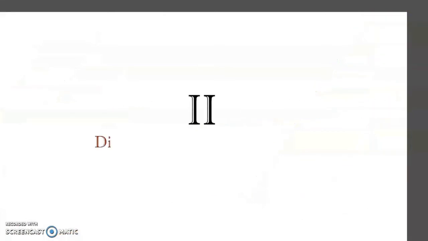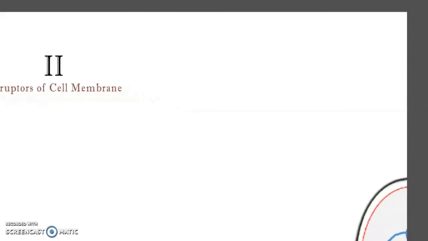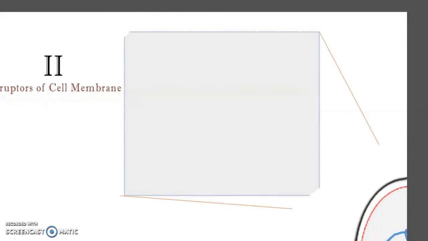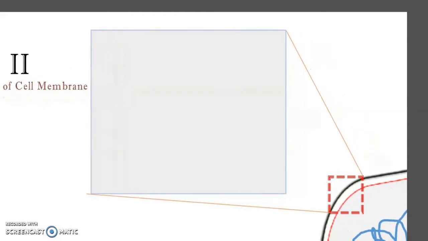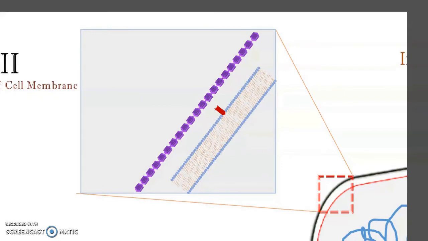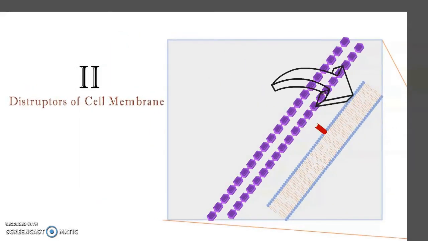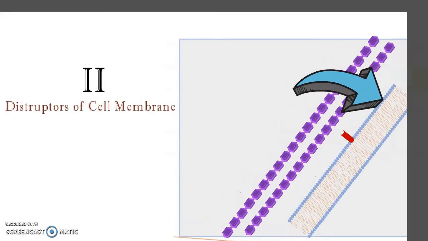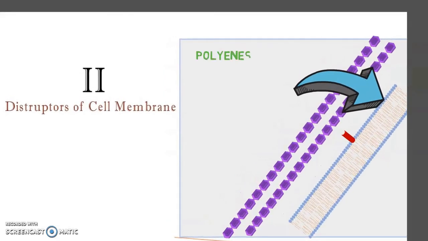Moving on to the second type of drugs, which will disrupt the cell membrane. Once again, we'll magnify the cell membrane, the outer layer of the cell. These drugs attack the cell membrane instead of the cell wall, and they cause pores and gaps in the cell membrane, which leads to cellular leakage.